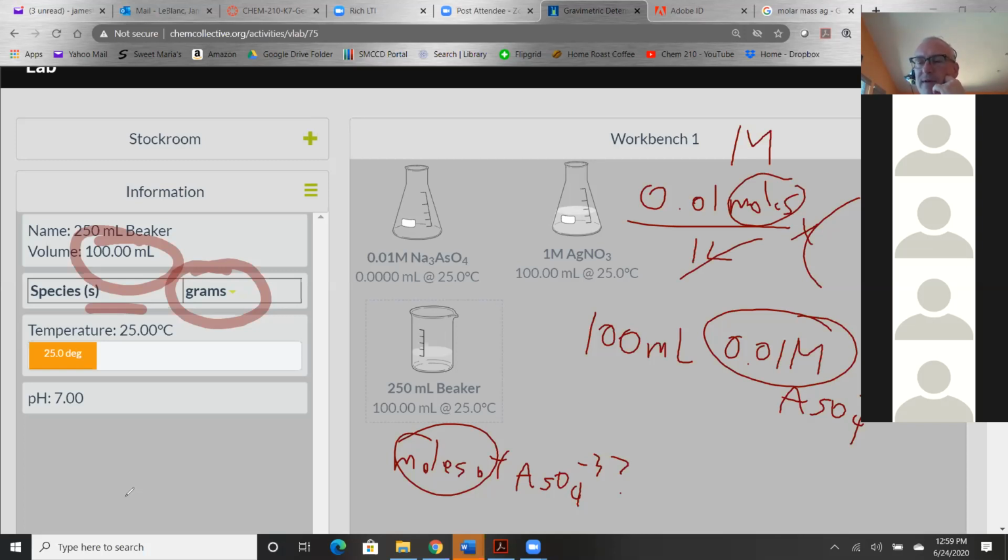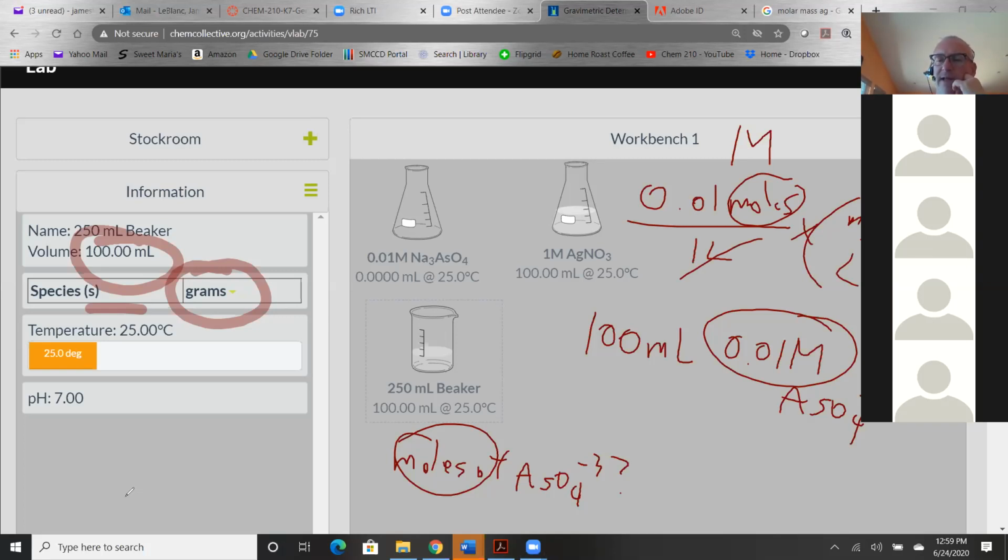That's just a number, though. I need something with units in it. 1 mole over 1,000 liters. If I multiply that by moles over liters, my units are going to be moles squared over liters squared. That doesn't make any sense.